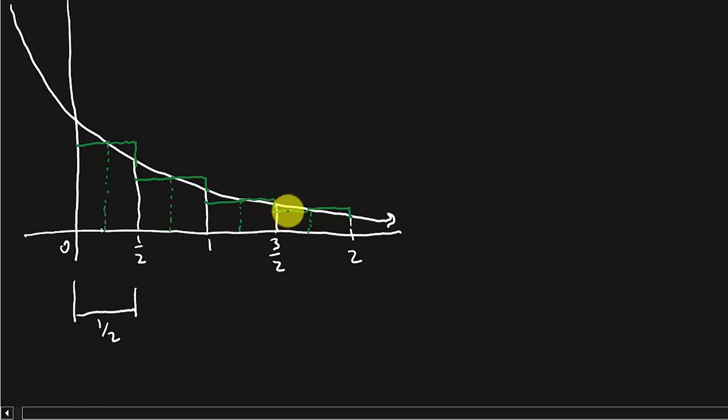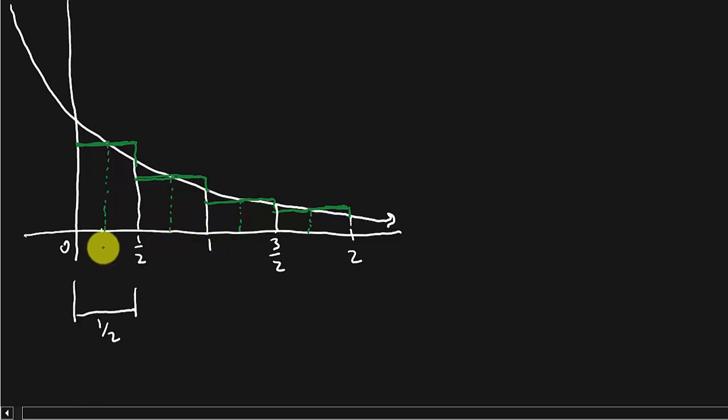There's our rectangles right there. So to get the height of this rectangle, I need to evaluate the function at this x value. To get the height of this rectangle, I need to evaluate it at this x value, and so on.